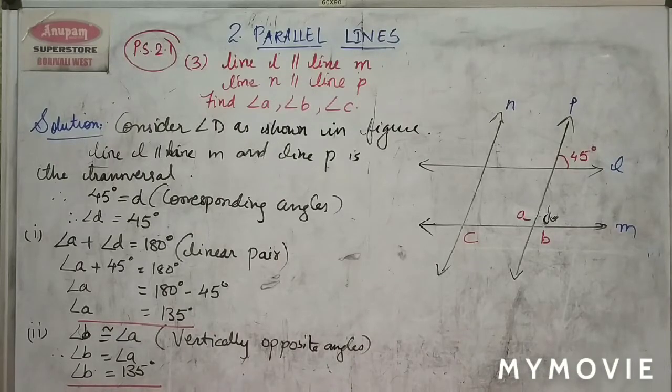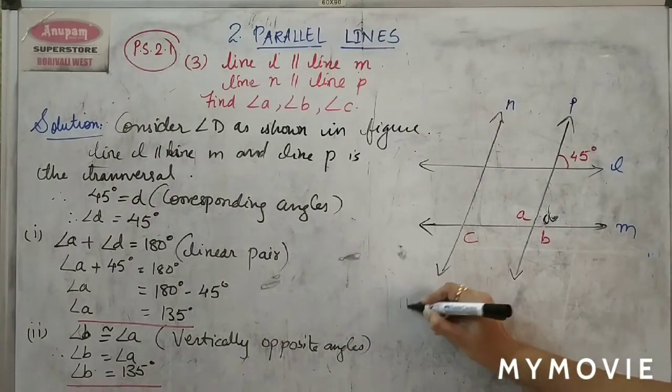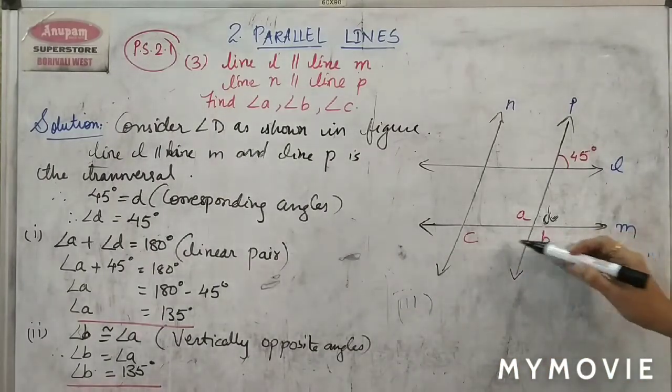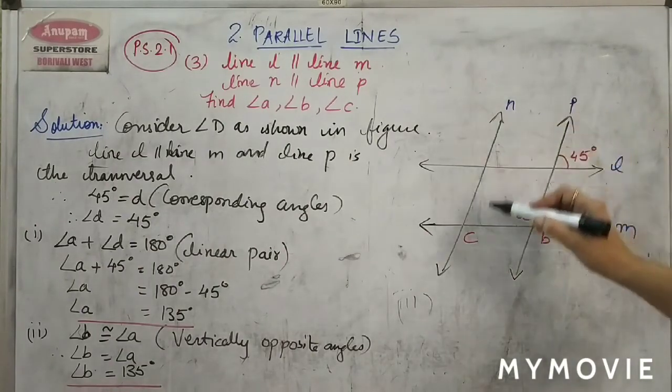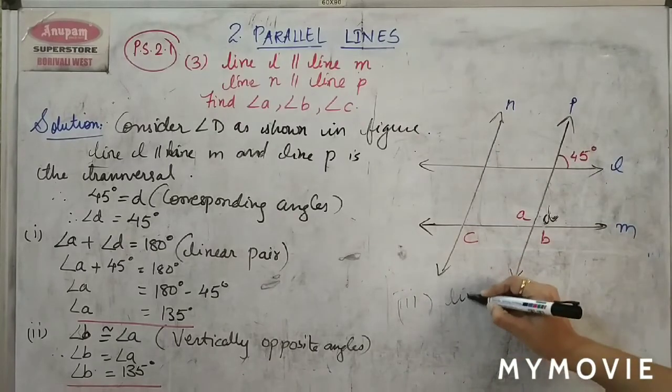Therefore, I'll first write down that if I have to show these two angles congruent, then I'll have to say that lines N and P are parallel to each other.